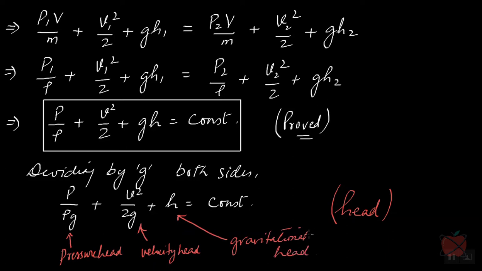Okay, so you can say that the sum of the pressure head, velocity head, and gravitational head of an incompressible fluid flowing streamline is constant. That's another way to state the Bernoulli's theorem. So I want you to practice this derivation nicely, because it is important from the exam point of view.